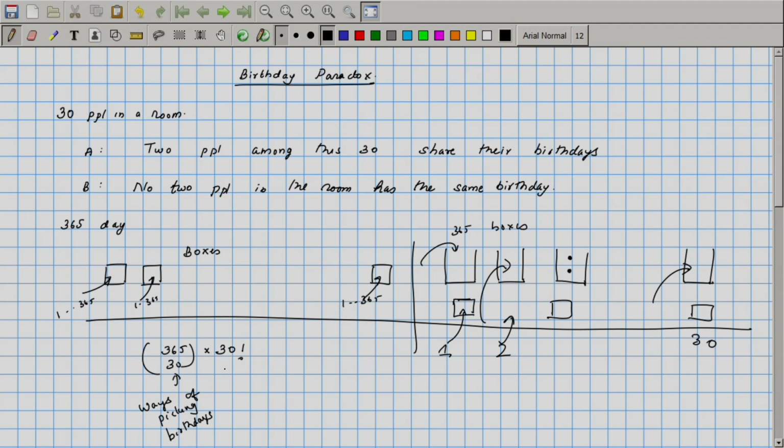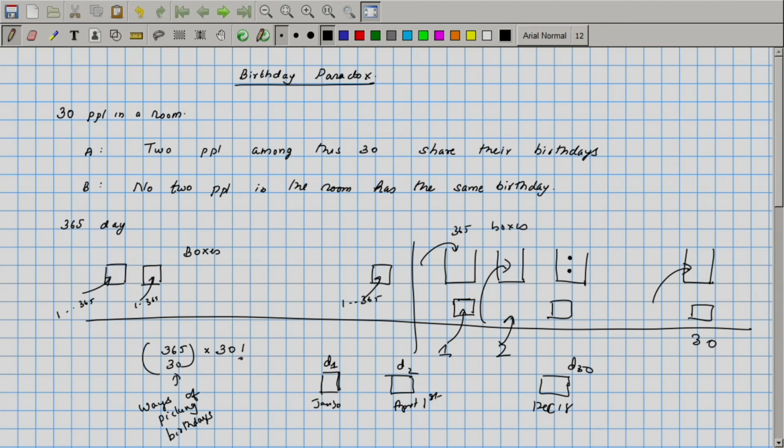Once again, we first choose 30 days. Let us call these D1, D2, ..., D30. Let us say these days are in increasing order. D1 is the first day, that might be, let us say, Jan 30th, this could be April 1st and this could be December 18th and so on, but they are in increasing order. So, these 30 days were chosen and now we have to assign people to these days.